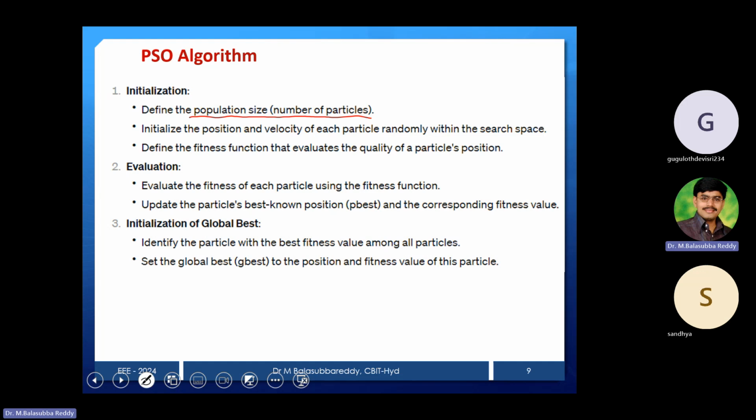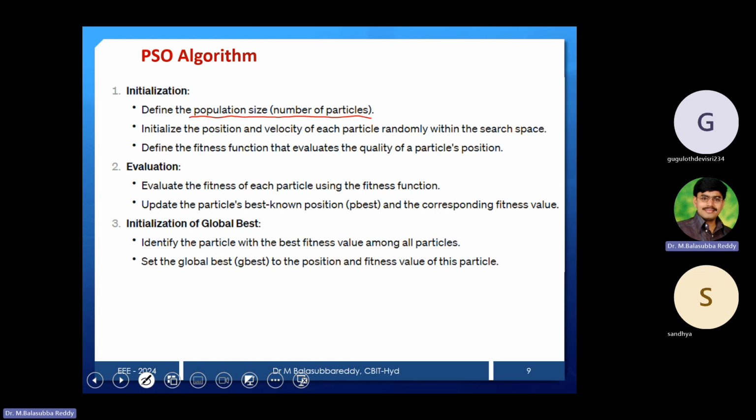As I said, NP is the number of population. For a project, while you are doing the programming part, you can take 50 or 100 populations like that. But whenever you want to do it manually, we can take 4 or 5 or something for better understanding and simple calculation.